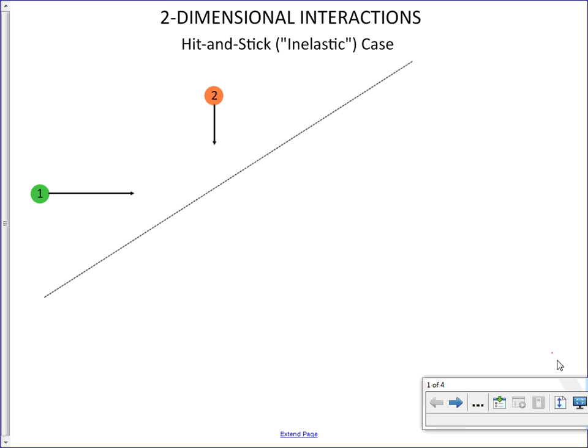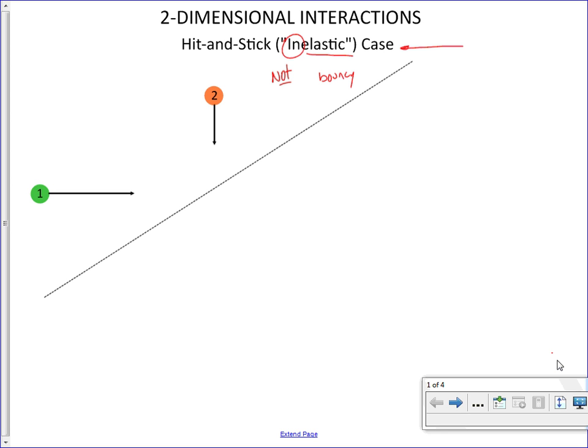And let's look at a case where this is a hit and stick, or what we call an inelastic. All right, in means not. Elastic means bouncy. So these things hit, and there's no bouncy. All right, they hit and stick together.